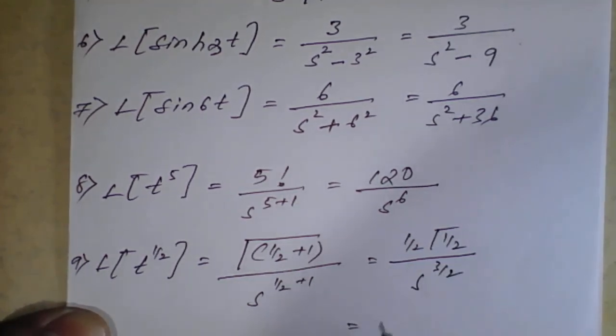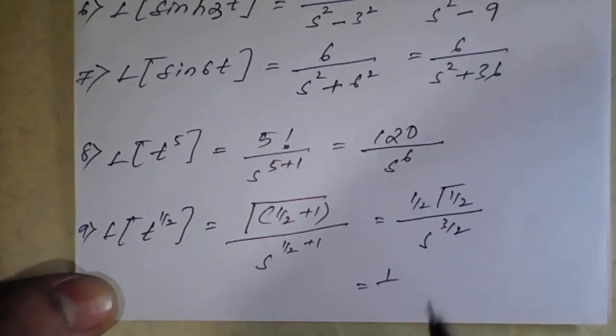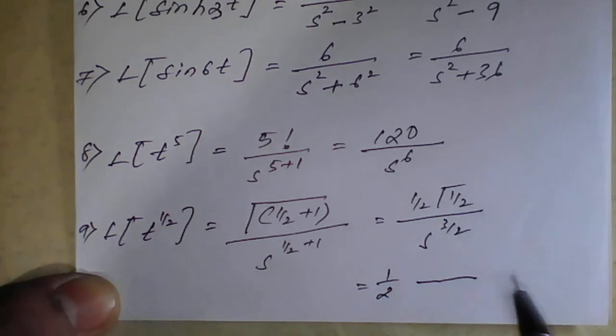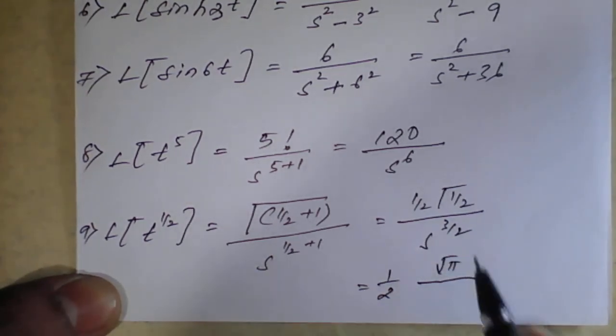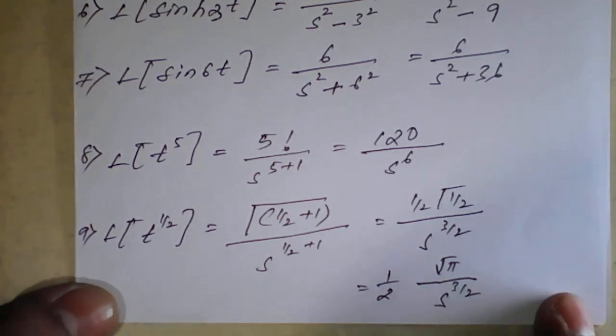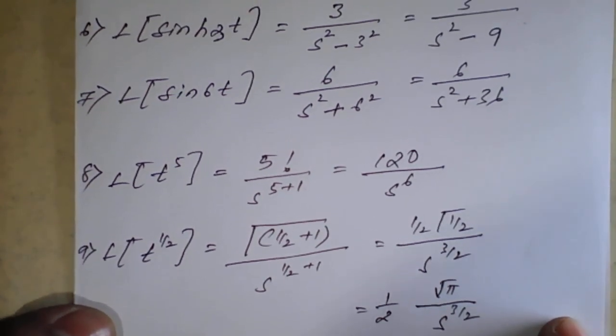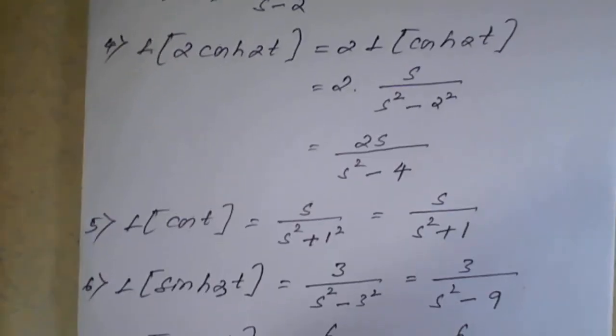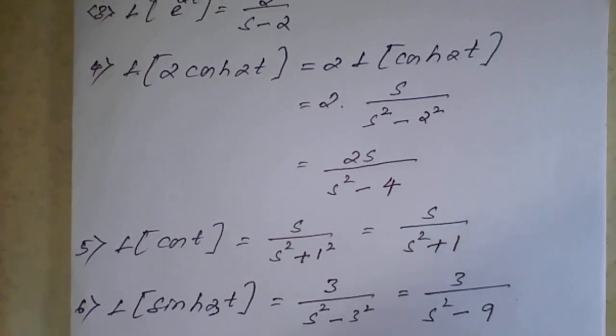So the 1 by 2 you keep as it is. As per your second sum result, gamma of half is nothing but root pi, and s raised to 3 by 2. In this way, problems based on the formula I have shown you. Just glance completely, and based on this we'll see how the actual examples are going to work out. So thank you.